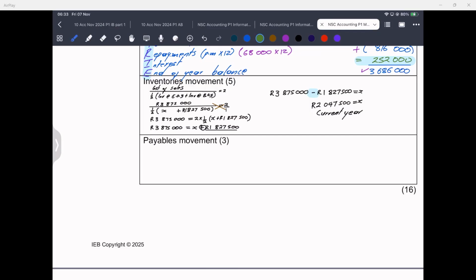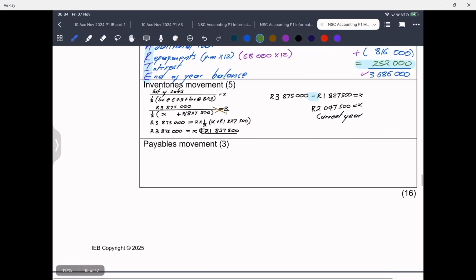Give me the first one. It is SARS income tax. What else? Shareholders for dividends. What else? Accrued expense, if and only if it relates to interest on loan.